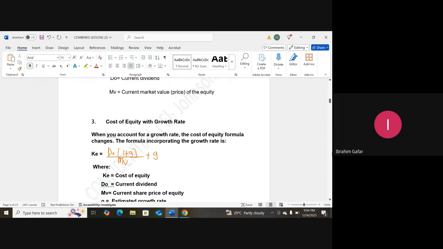Definitely, the market value given to you is cum div. Automatically, you have to deduct such dividend from that market value so that you can get your market value ex div.